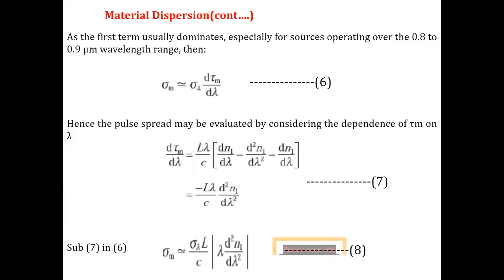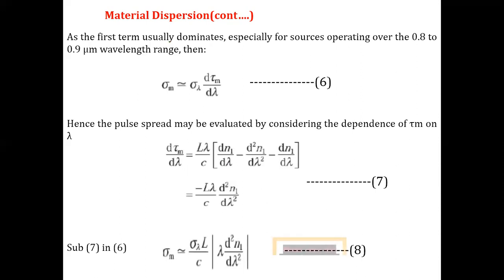The first term, sigma lambda into d tau m divided by d lambda, usually dominates, especially for sources operating over the 0.8 to 0.9 micrometer wavelength range. Therefore, we can write sigma m is equal to sigma lambda into d tau m divided by d lambda. Take this as equation number 6.